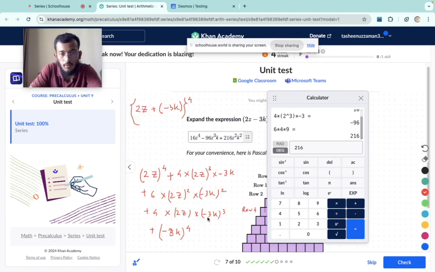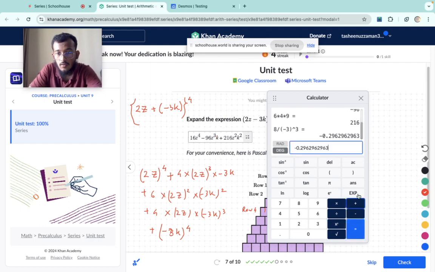For the next term, we have got 4 into 2, which is 8, into negative 3 to the power 3.